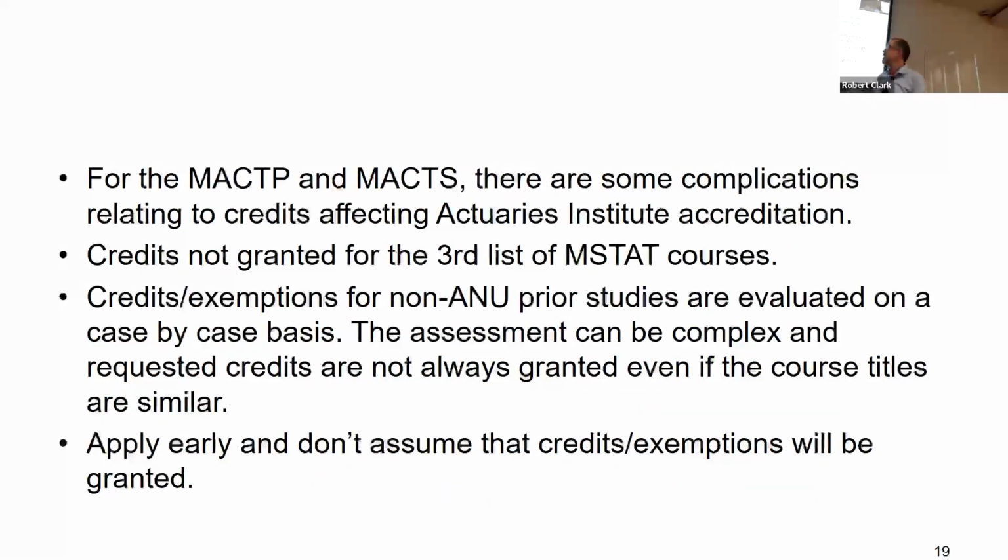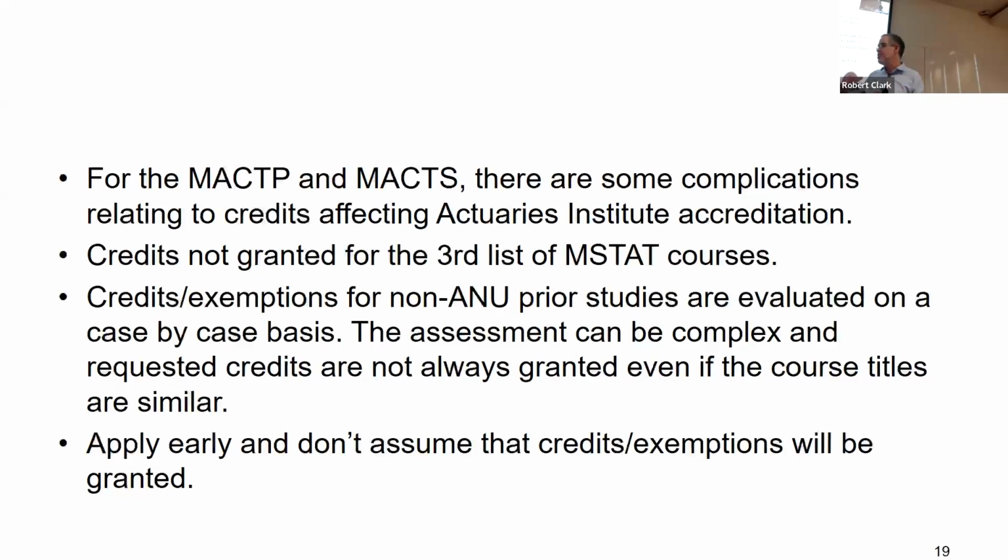So I say here about the actuarial masters, there are some complications. Well, really the only other complication is that if you've done study at a different university that maybe is similar to our courses, but it wasn't an accredited university, and it's a course that's related to institute accreditation, we won't let you take that credit. So that's a policy that we've decided to apply.